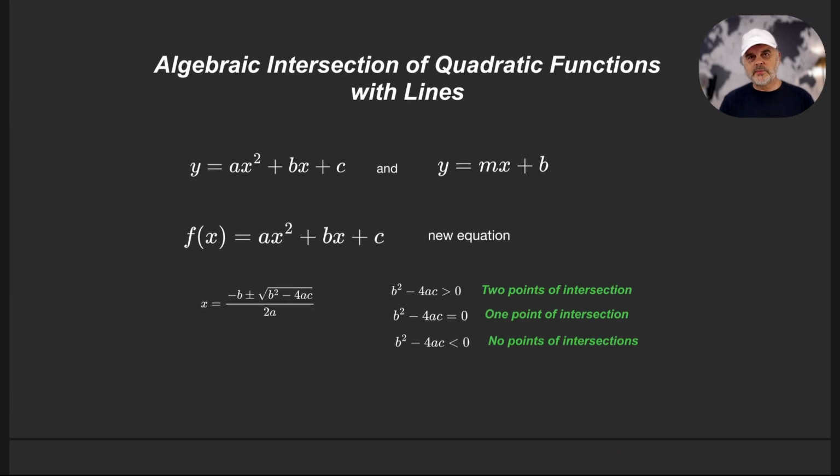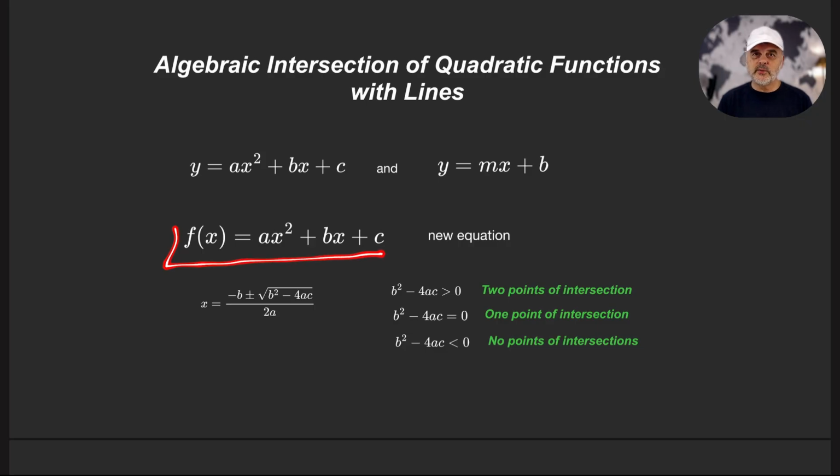So, a quick description: we will be working with a quadratic function in general form, and then the equation of a line will be provided, and our goal will be to identify the possibilities. When you put those equations together, as we'll explain, you create a new quadratic equation out of that.